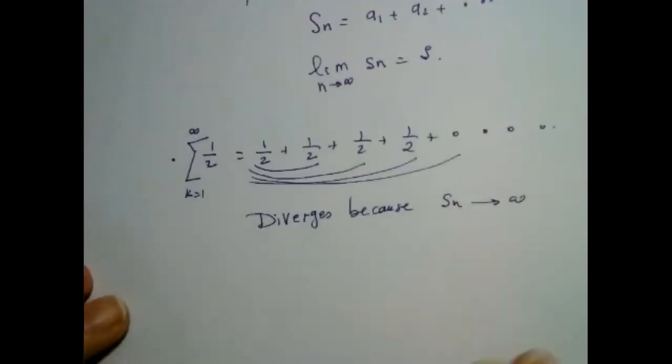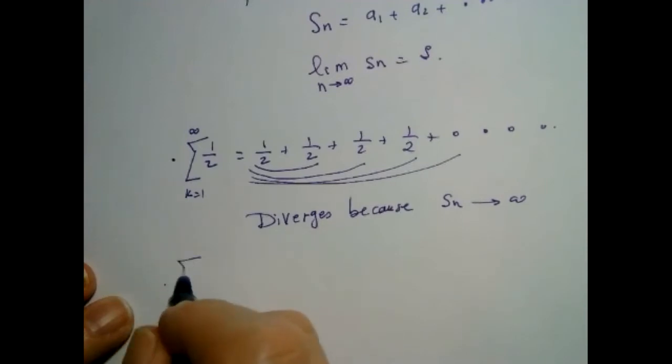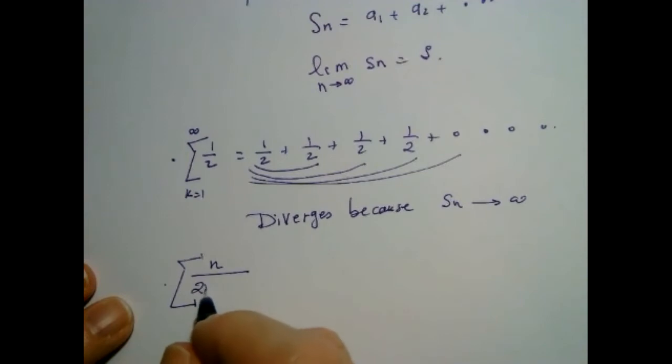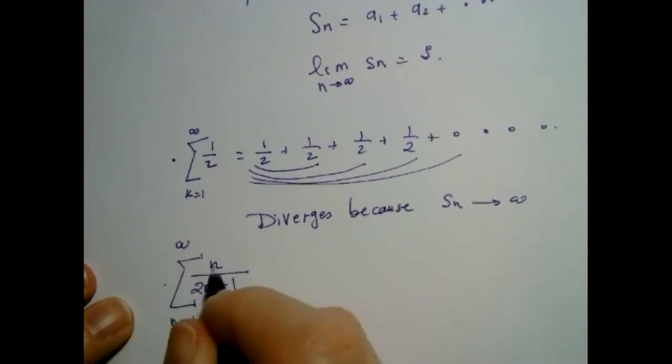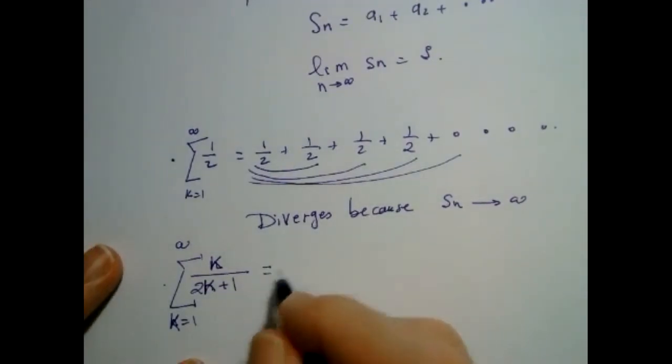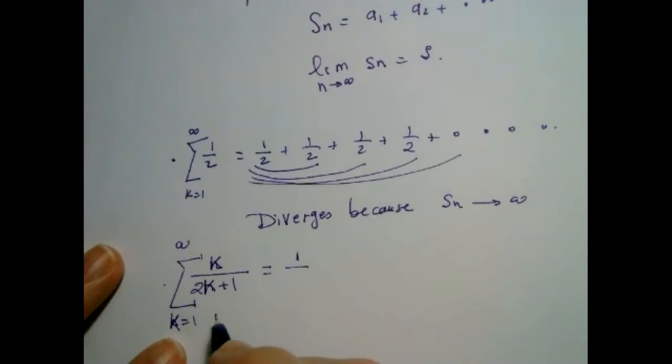Now, if I take something not quite like it, but something similar, sigma k over 2k plus 1, because the book is using k, it doesn't matter. All right, suppose I take this sum. I think I took it last time, but I will review it.